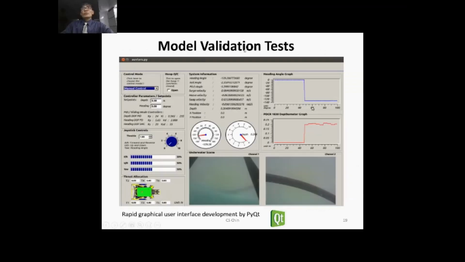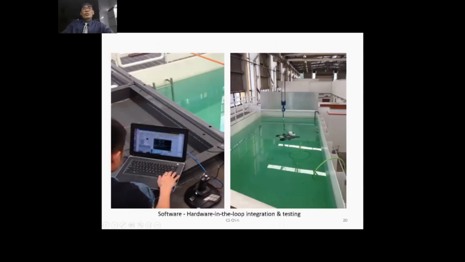So we have this model validation test, and we built a GUI using PyQt, for rapid graphical user interface development, which shows the sensor readings, for example the depth and the yaw angle or the heading, and this is the depth and this is the heading, as well as the two USB cameras that we use to see the underwater situation. And we have a joystick that helps to control the actuators, and this is the software and hardware in the loop integration and testing.